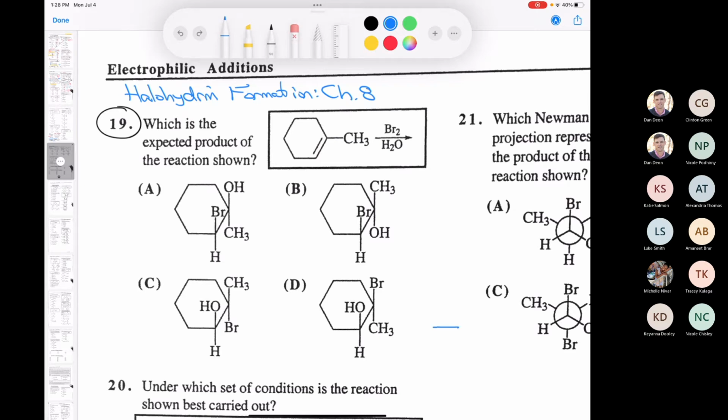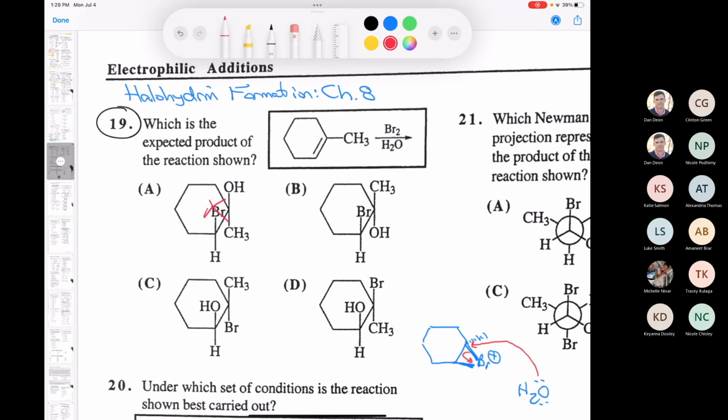I don't have a lot of space, so I'll scribble it down here. Let's just draw the methyl group going down, and you end up with a bromonium like this. Then in the next step, water, which is your nucleophile, is going to attack. But remember, it attacks at the more hindered carbon like this. So you end up with anti-addition of the bromine and the hydroxyl.